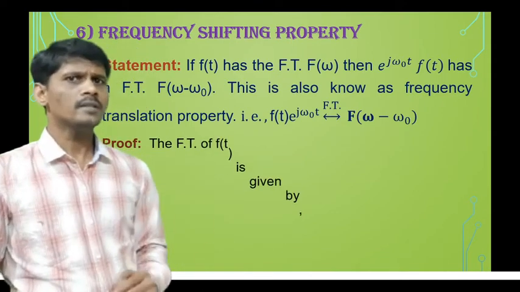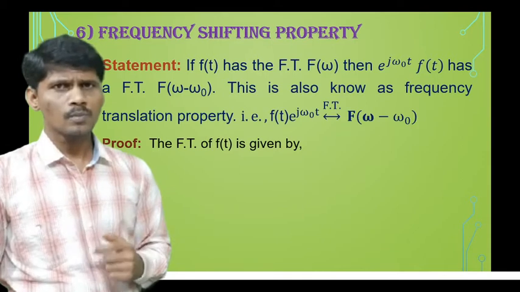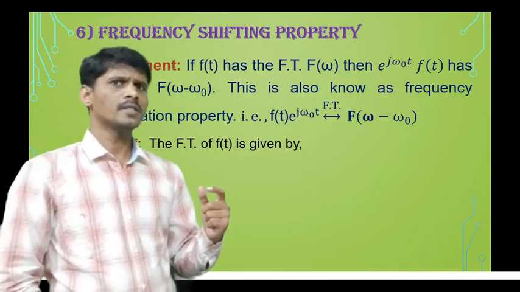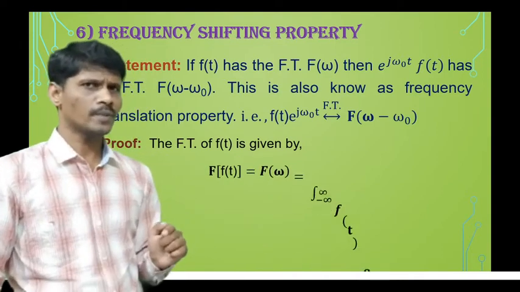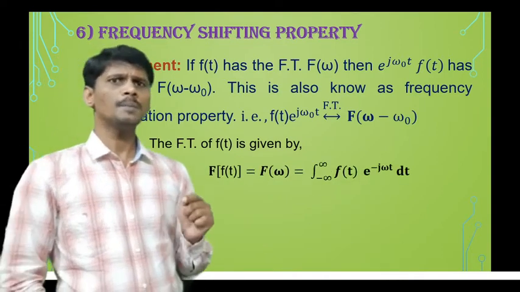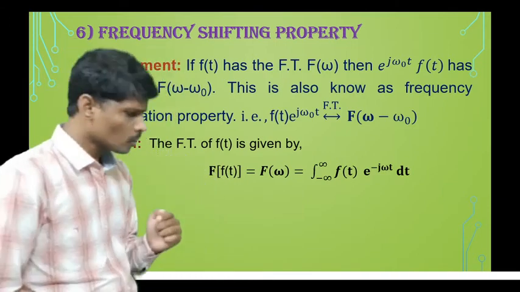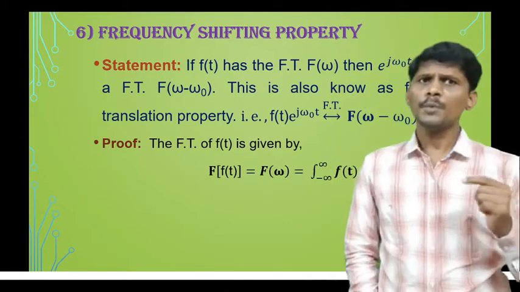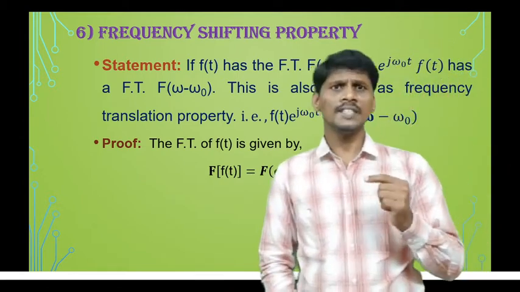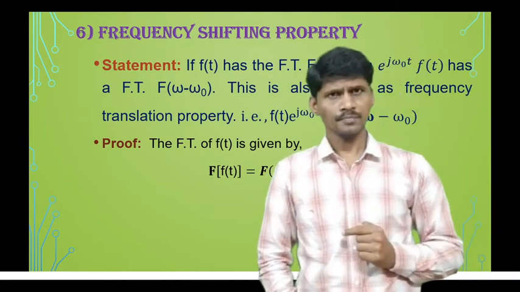Now let us prove this property. We know that the Fourier transform of f of t is defined as F of omega, equal to the integral from minus infinity to infinity of f of t into e power minus j omega t dt. Now we want to prove that Fourier transform of f of t into e power j omega naught t is equal to F of omega minus omega naught.